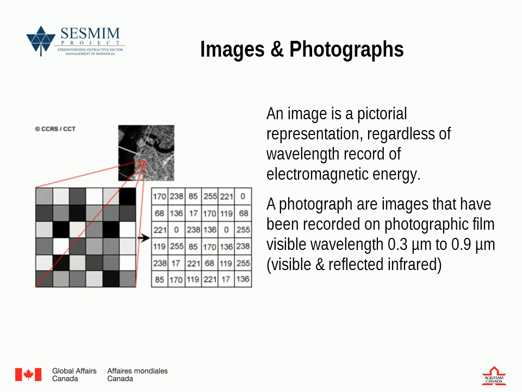We can boil down remote sensing into little squares, and little squares with numbers. An image is a pictorial representation, regardless of wavelength, a record of electromagnetic energy. And a photograph is an image that has been recorded on photographic film. A photograph has a limited wavelength of 0.3 to 0.9.